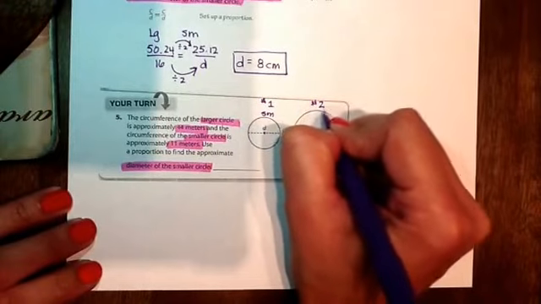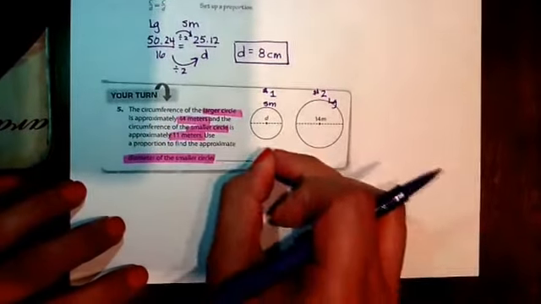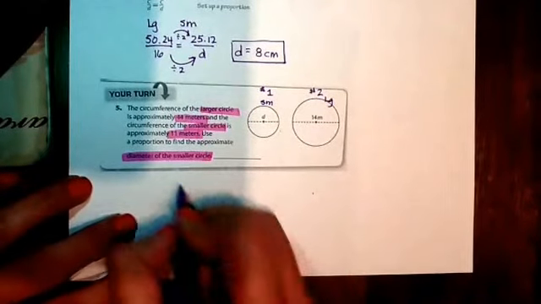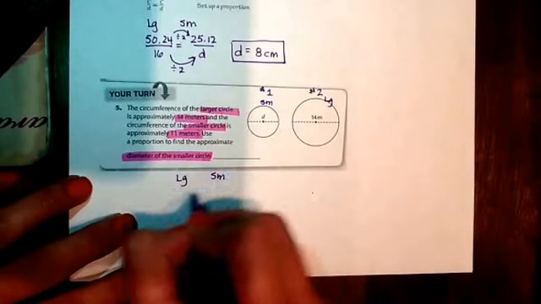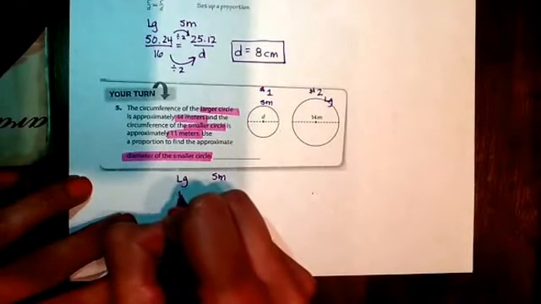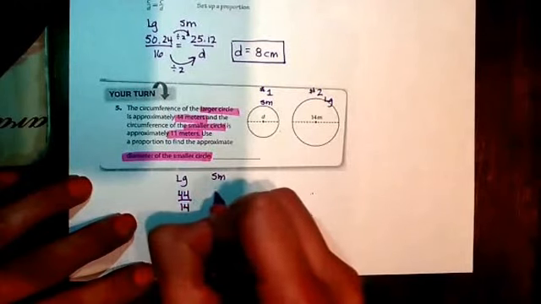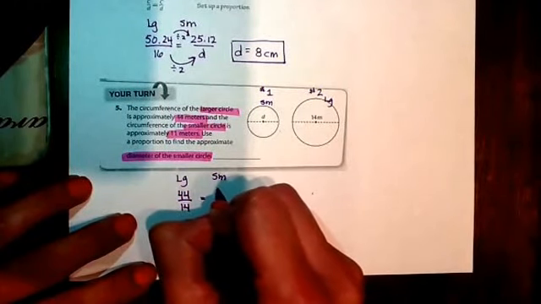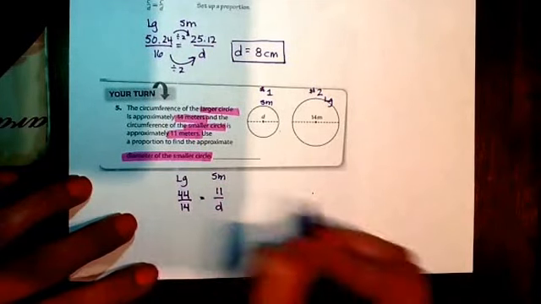Circle number 2 is my large circle. It's a good idea to always label those. And so again, we're working vertically. The large circle has the circumference of 44 and the diameter of 14. And the smaller circle has a circumference of 11, and we're looking for the diameter.